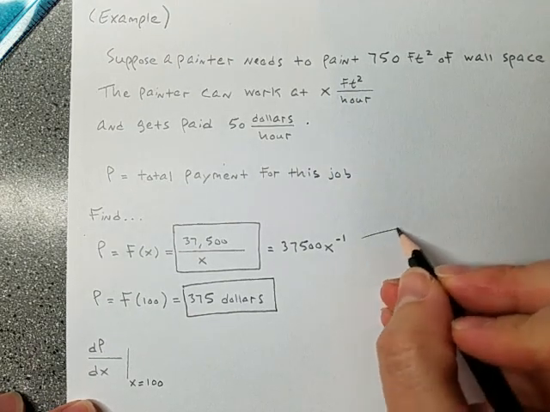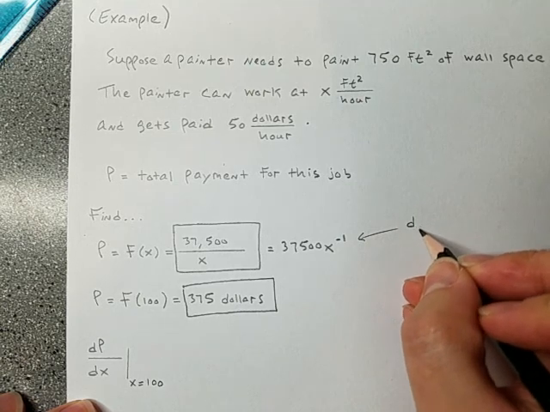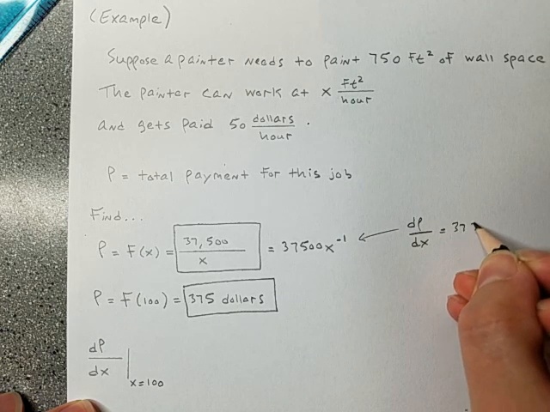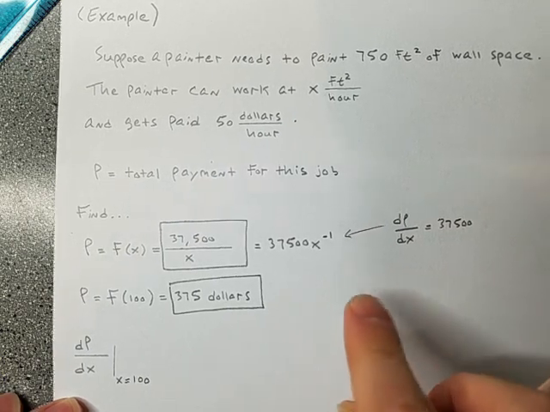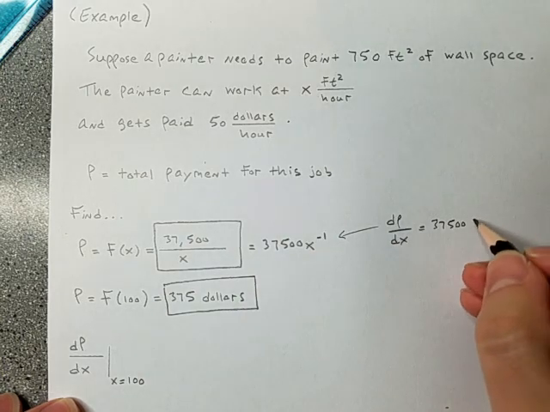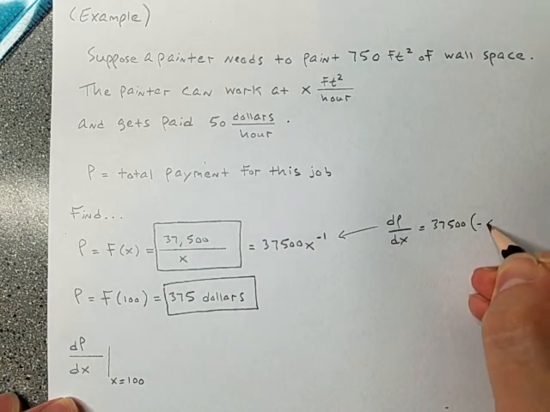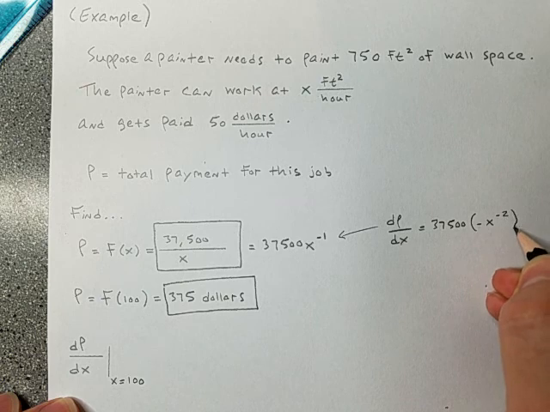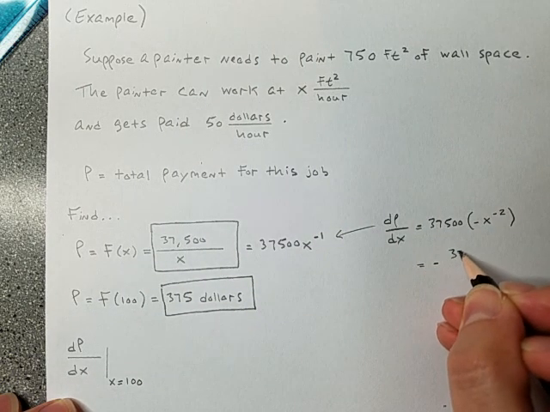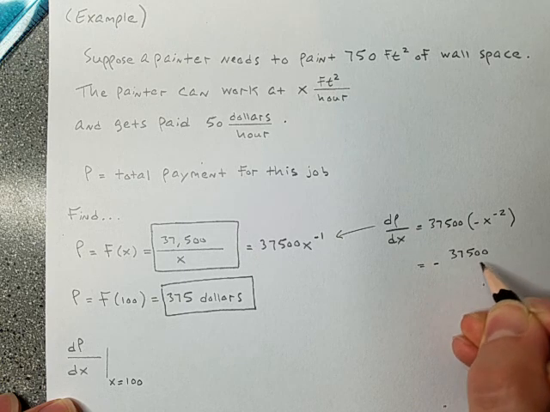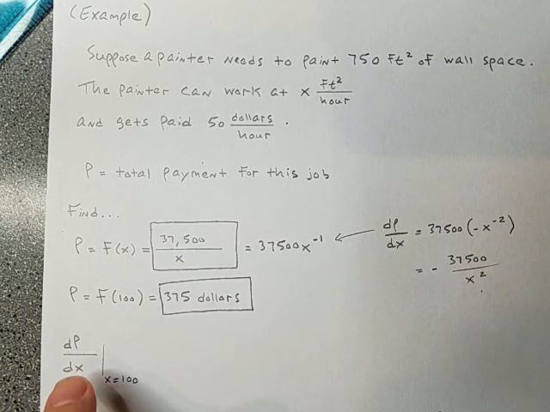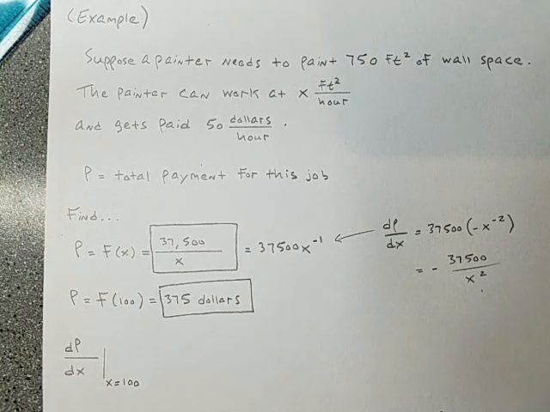And then if I look at that, I'll find that dP over dx is 37,500. All right, we're going to carry that constant factor right there, that coefficient over. And then we're going to get negative 1 times x to the negative 2 power. So your derivative is going to be negative 37,500, okay, over x squared. There's your derivative.